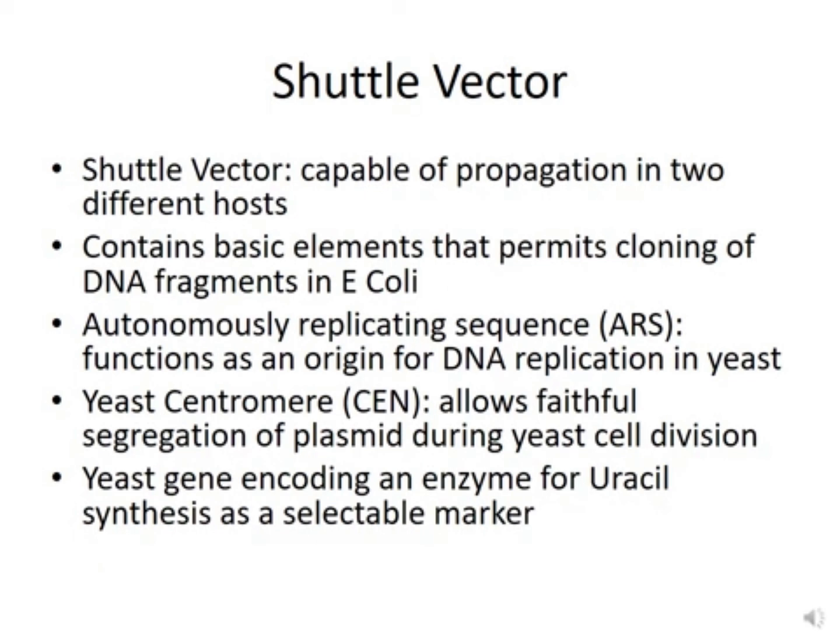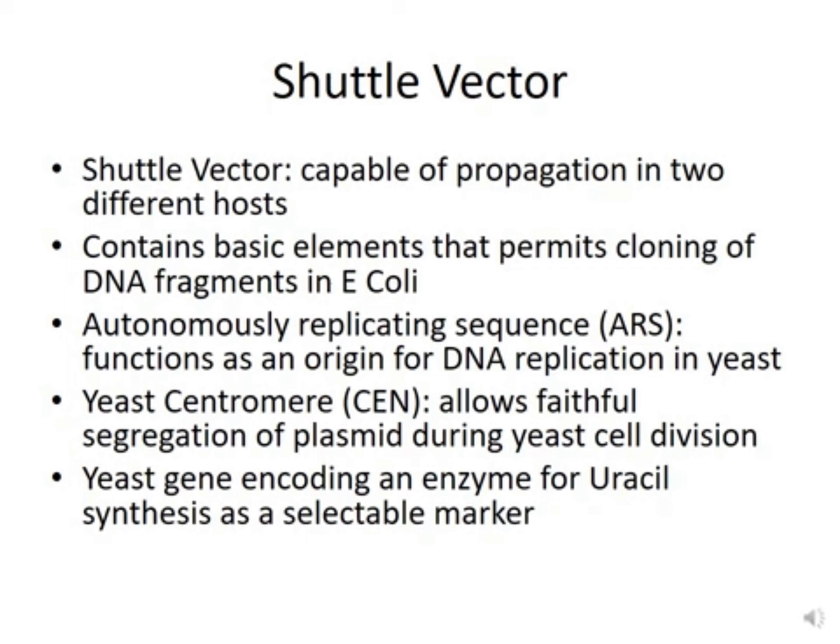These include the presence of an autonomously replicating sequence, an ARS. This functions as the origin of replication of DNA, however not in E. coli but in yeast. There's also a component that's called a yeast centromere. This component allows faithful segregation of the plasmid once a yeast cell division takes place.